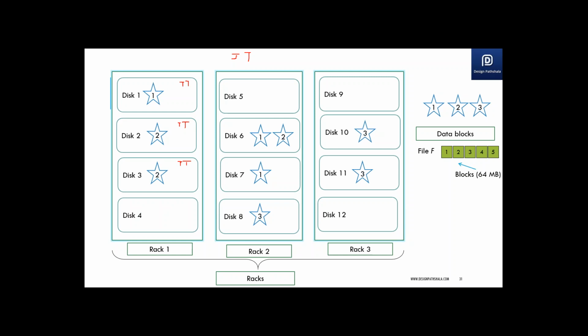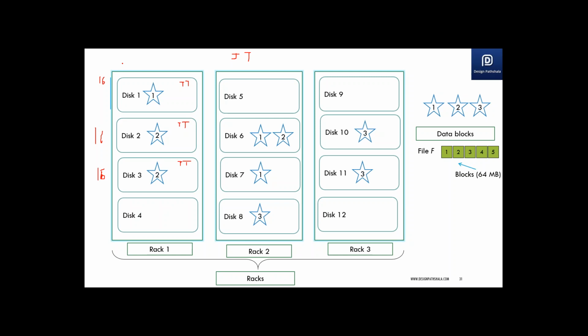Now, let's say all of my data nodes have a configuration of 16 GB. Basically, each task which runs is given a particular container size, and containers are normally of fixed sizes.